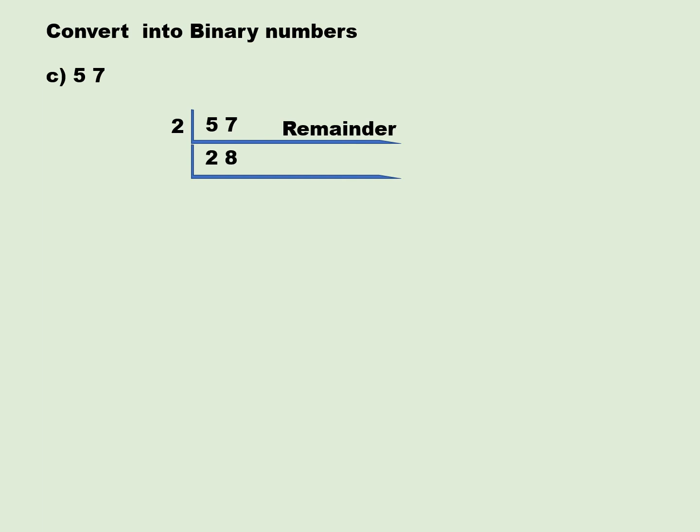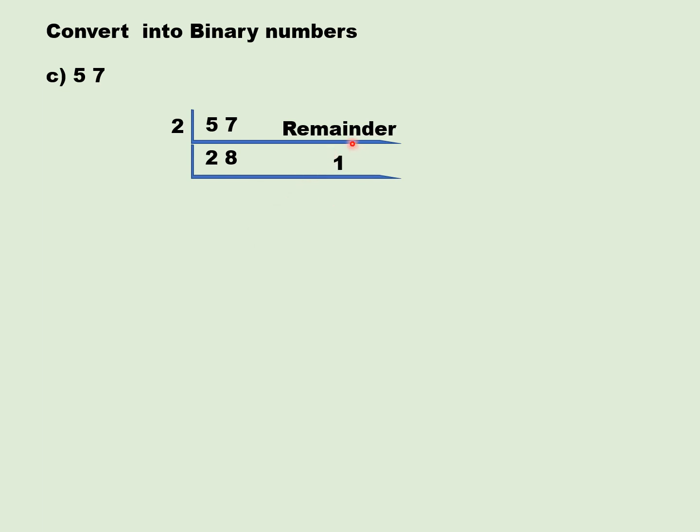I'm not explaining this to you because you are in 7th class, you know this division very well. You have done this many times while finding HCF, LCM, etc. So I don't want to explain this. If you divide 57 by 2, you will get answer 28. But 1 will be the remainder because 2 28s are 56 only. So 1 will be the remainder that you need to write here.